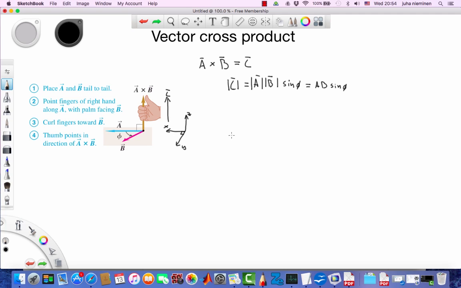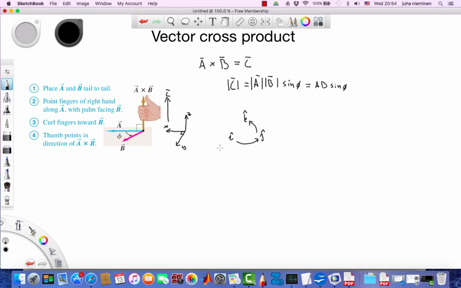We can in fact generalize this rule of cross product between the coordinate axes as follows. So we have i and j and k. So i cross j equals k.